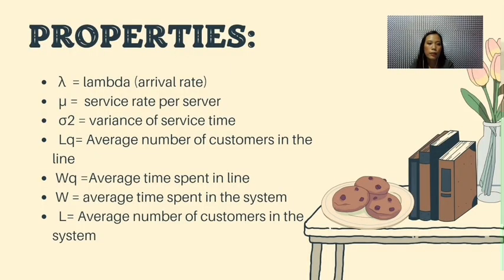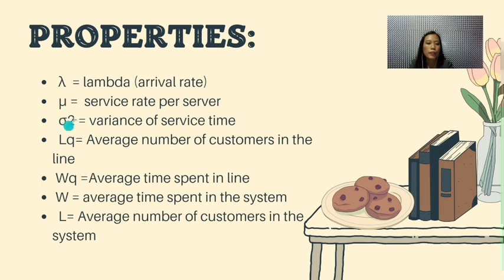Next, let's talk about the properties, or the symbols that we saw in the formulas of the M/G/1 queue model, so that we can better understand what the symbols are. First is lambda, which represents the arrival rate. Then mu is the service rate per server.